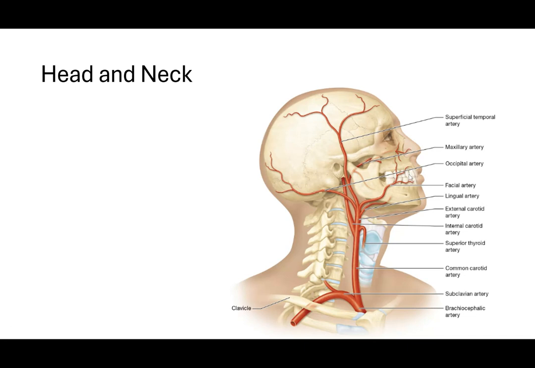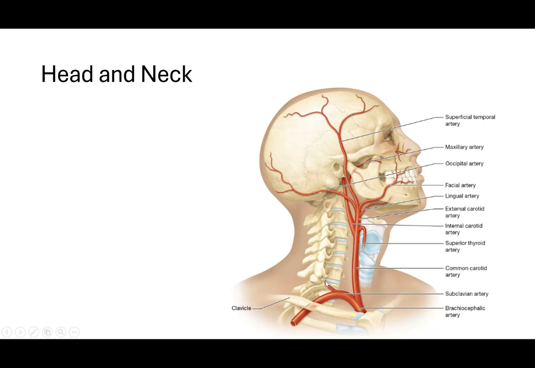Okay. So here we can see the brachiocephalic, right? So we know that that's going to be supplying the right side of the head and neck region. And from there, we have that right common carotid artery, and we have that right subclavian artery. Now, branching off of the right subclavian artery is a vessel called the vertebral artery, the right vertebral artery.